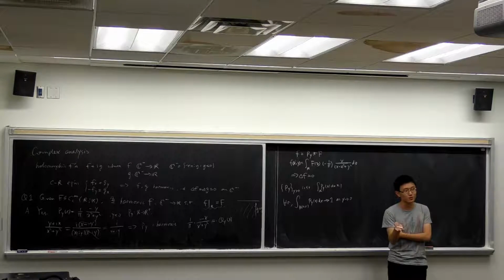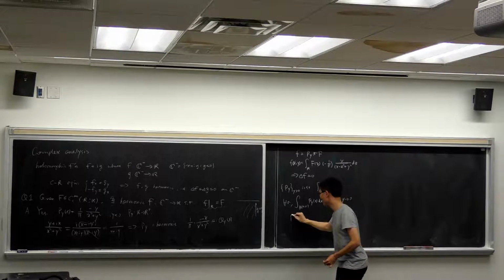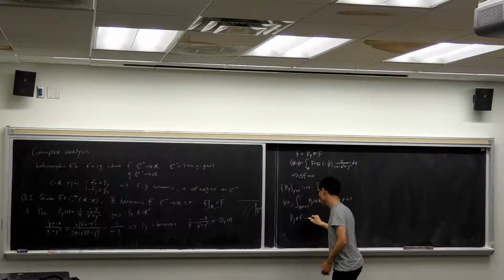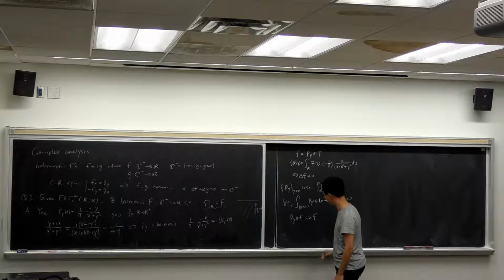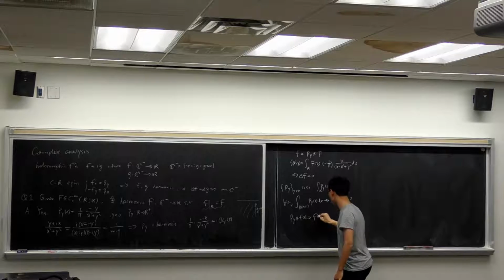And for approximation identities, we have this property that P_y convolved with F will converge uniformly to F, in this x.